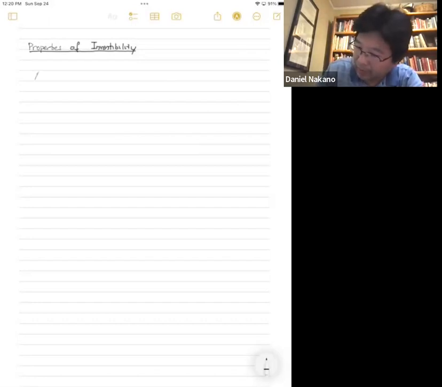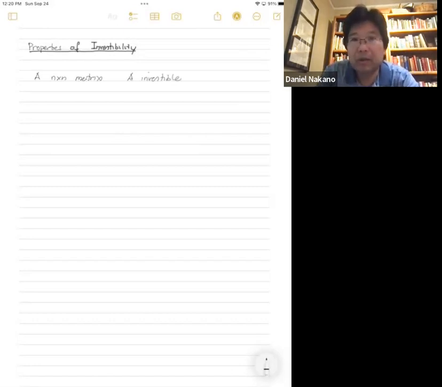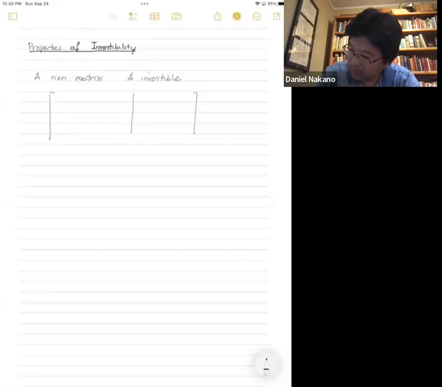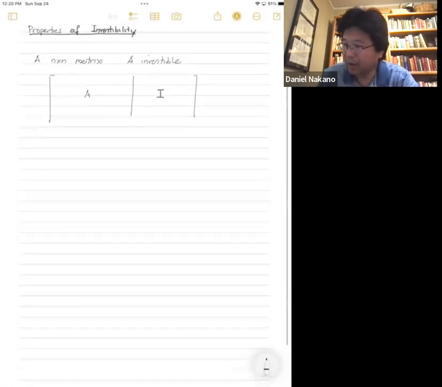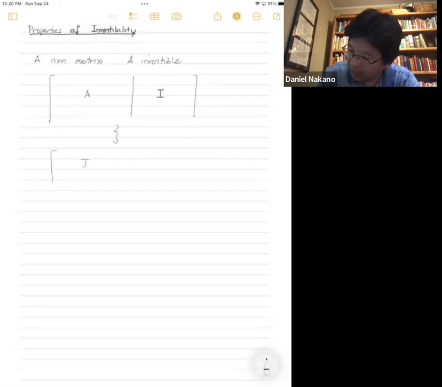So A is an m by n matrix, and let's say A is invertible. So A inverse exists. And if A is invertible, then we're going to be able to start with A here and put the identity on this side and then transform this into the identity on the left and A inverse on the right.